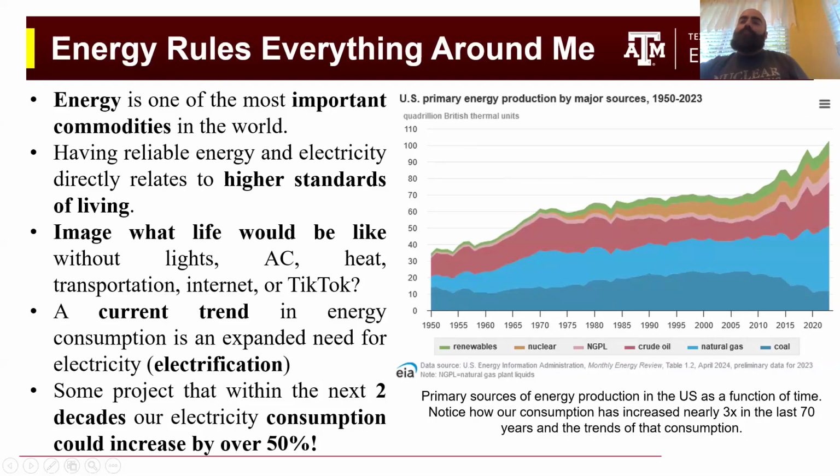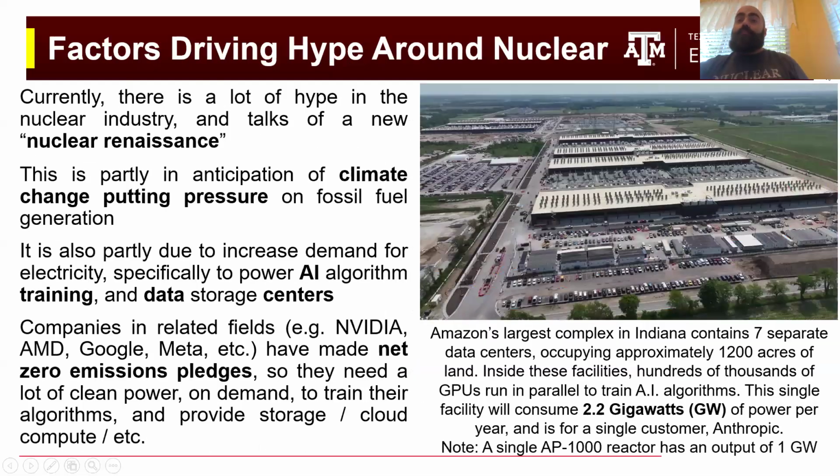Also, because of demand for energy as a whole, our consumption has been increasing, and there are projections that say that within the next couple of decades, our energy consumption can continue to increase by over 50%.